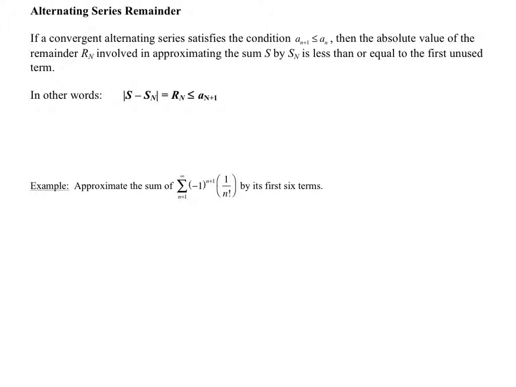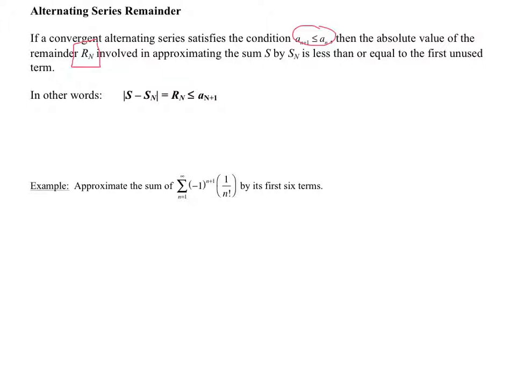Okay, you already know that the a sub n plus 1 and the a sub n are just discussing the terms. So the subsequent term is going to be less than or equal to the former term. And then the absolute value of the remainder r sub n, that's the remainder.